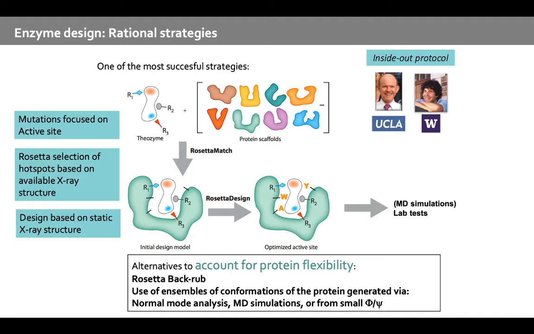And what I want to highlight here is that in these protocols, it doesn't matter if you use Rosetta or if you use Triad, they are focused on the active site. So you know where the active site is, and then you select manually, although I know that there is an automatic way of running Rosetta.